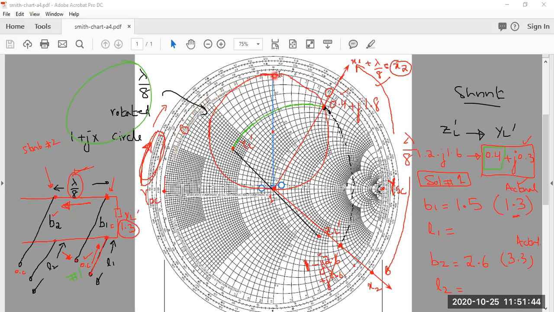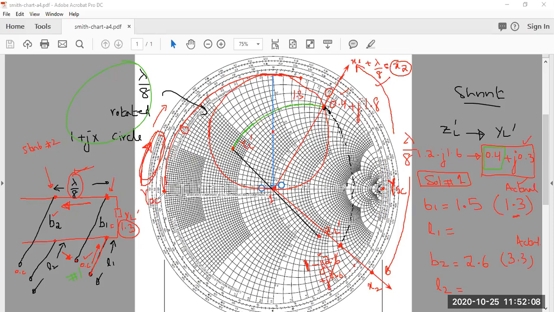And you need to stop wherever you get 1.3. So 1.3 is over there. So when you move, you will be stopping at this point. So let me draw this. So where I will stop, at this point, because I get the reading of 1.3.